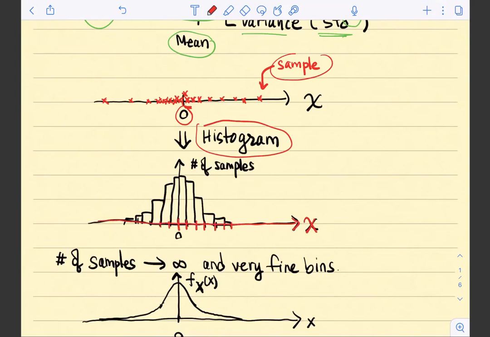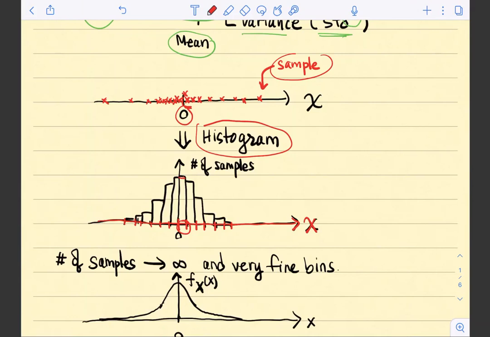If you run this random variable and the value is in this bin, then you count the number of samples, and you do this many times. And you see that there are a lot of samples close to 0, so you see the bigger bar.